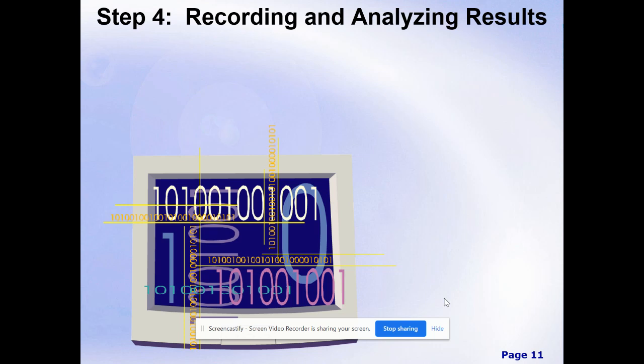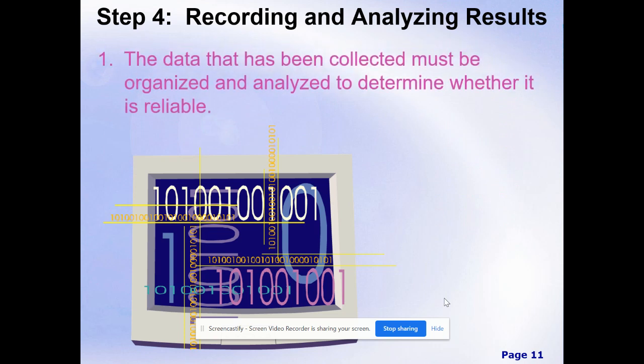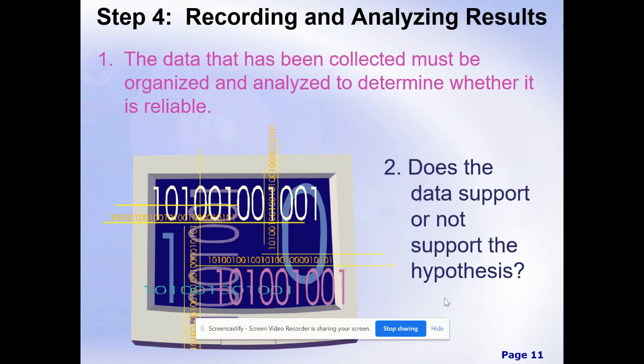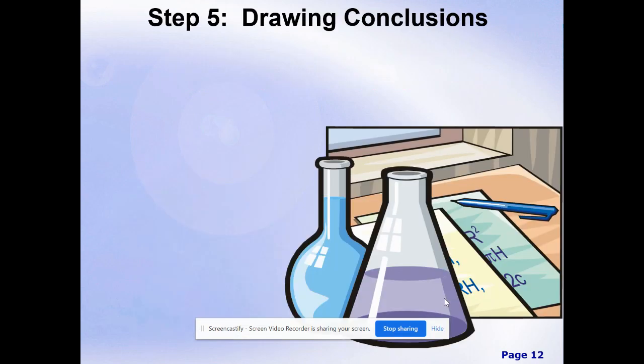Okay. Step 4, recording and analyzing results. The data that has been collected must be organized and analyzed to determine whether it is reliable. Does the data support or not support the hypothesis? Finally, you draw conclusions.